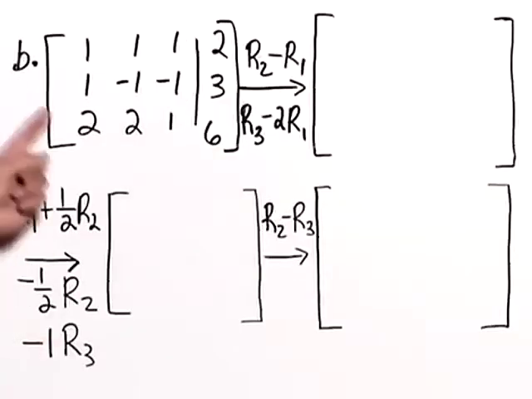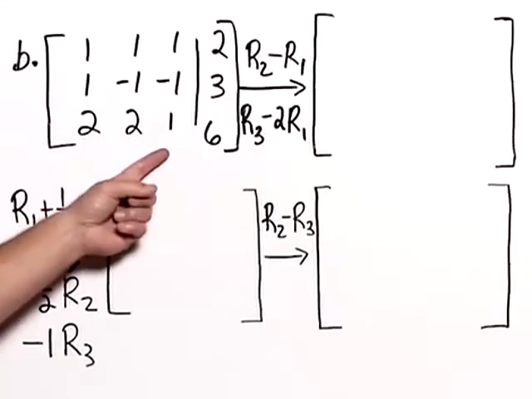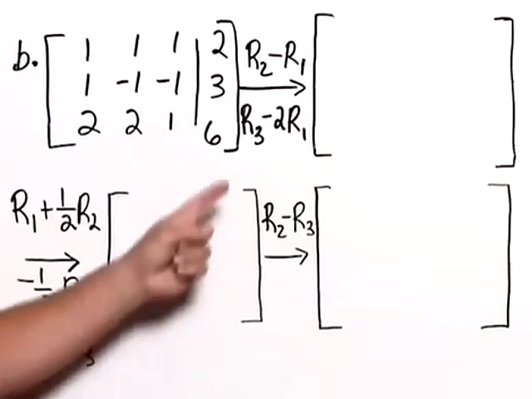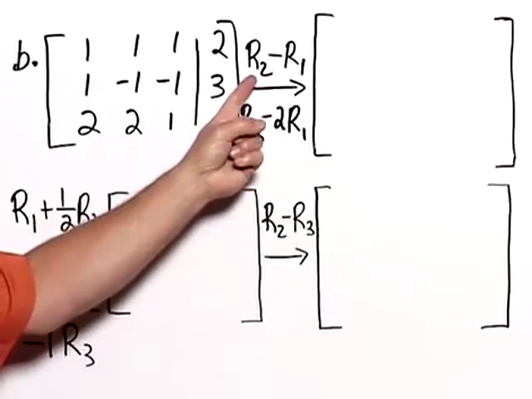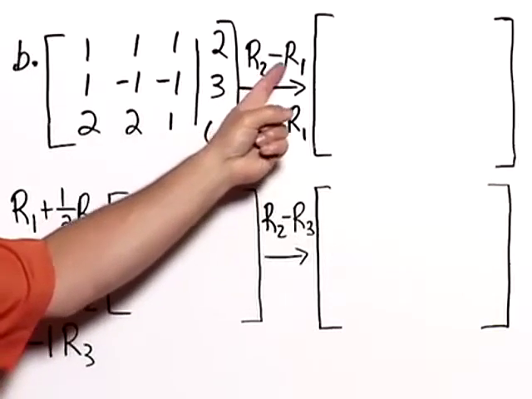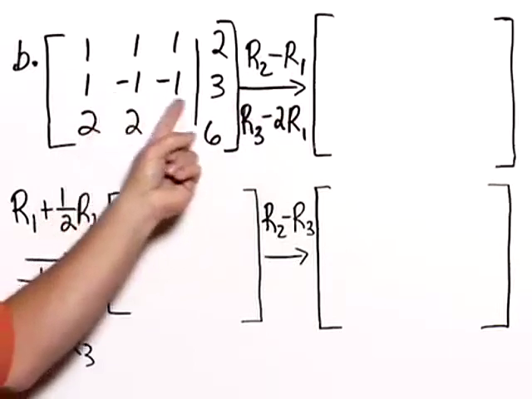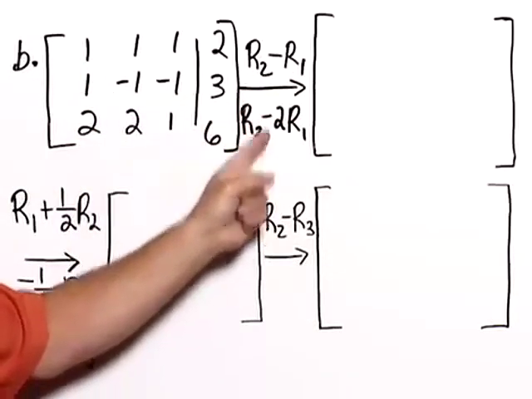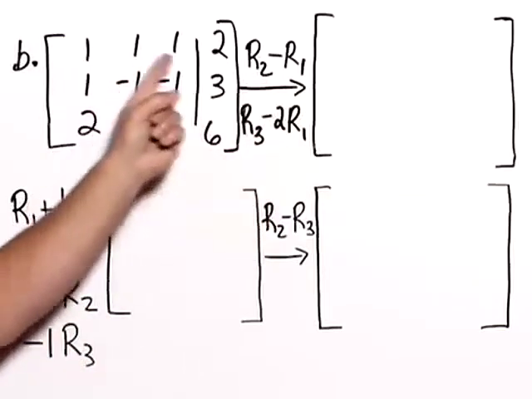So in part B, we're going to take the augmented matrix and use the Gauss-Jordan method to solve this system of equations. So what we're going to do is row operations. For example, we're going to take row 2 and subtract from it row number 1. So in this case, we're going to leave row 1 as is.